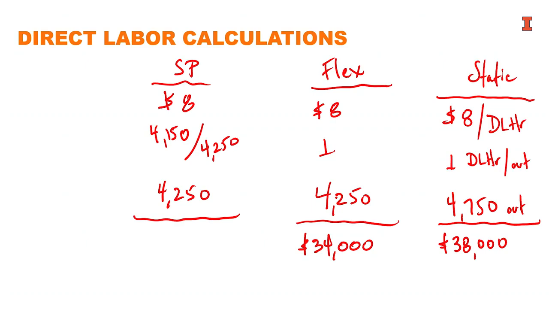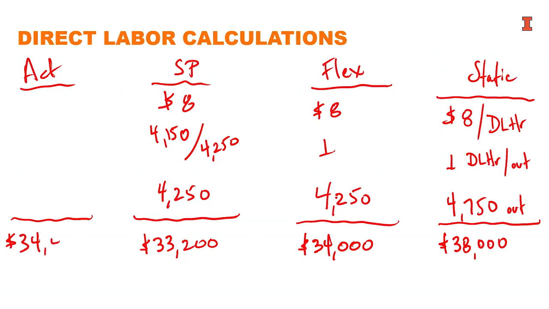So on average, it's a little less than 1 direct labor hour per output. Multiplying all those 3 components together yields a total dollar amount of $33,200. And then our actual amount was just provided to us, and that was given as $34,445.